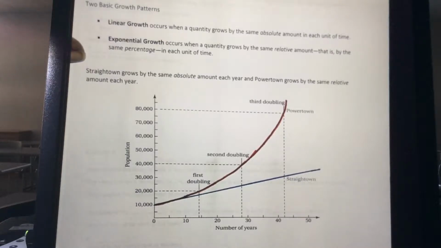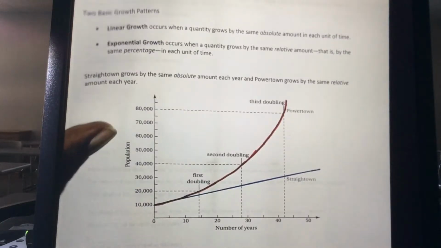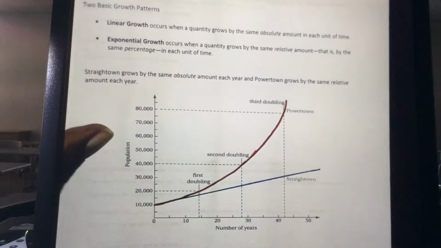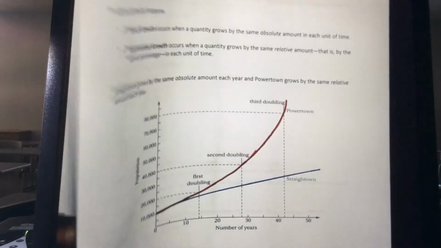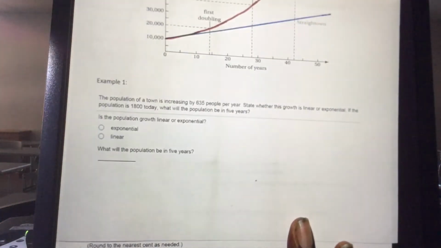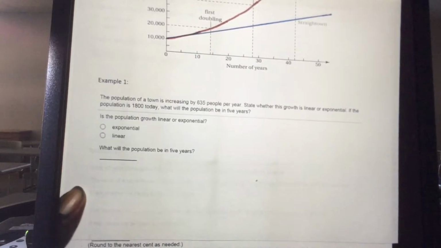All right, now let's look at a few examples where we're going to have to determine whether we have exponential growth or linear growth. In example 1, the population of a town is increasing by 635 people per year. State whether this growth is linear or exponential.